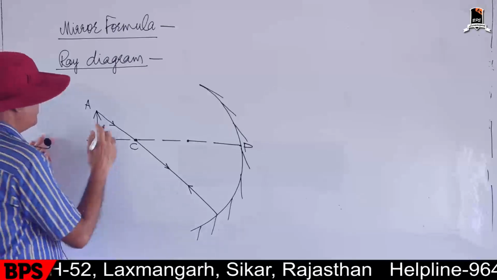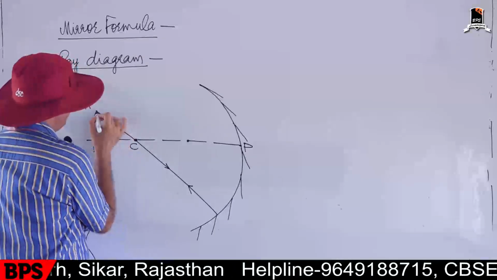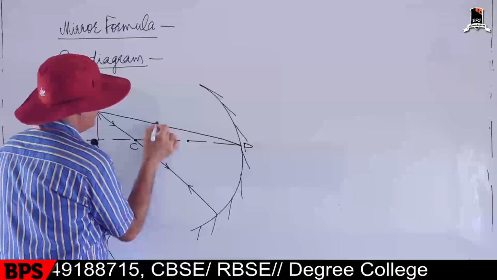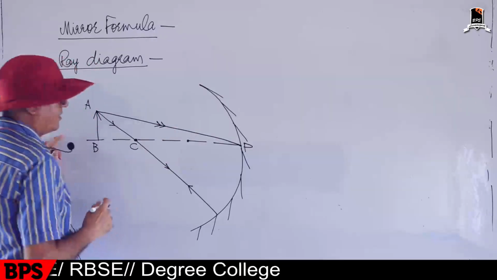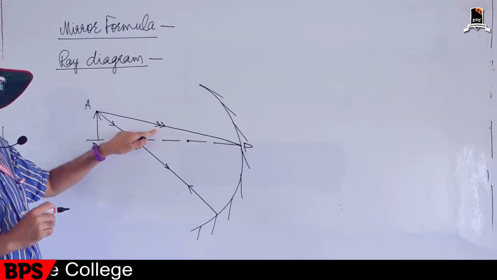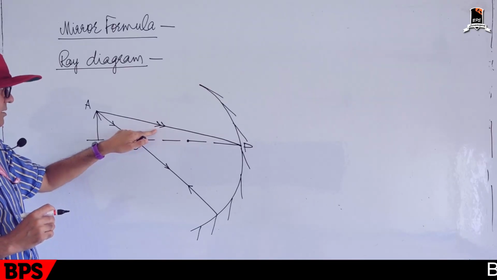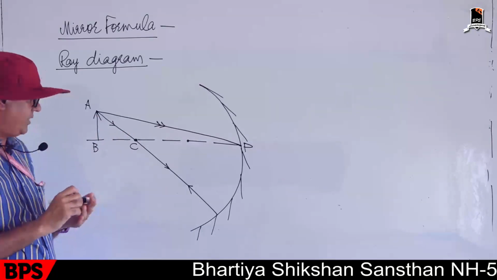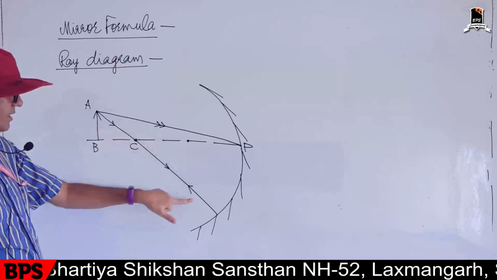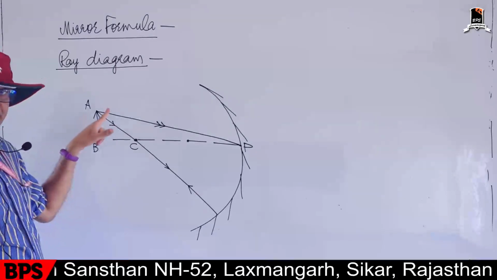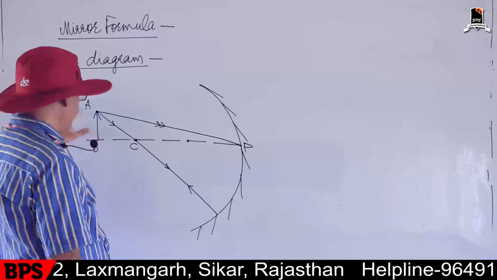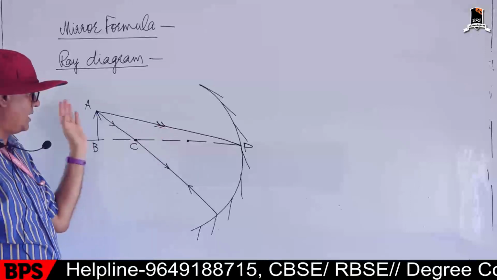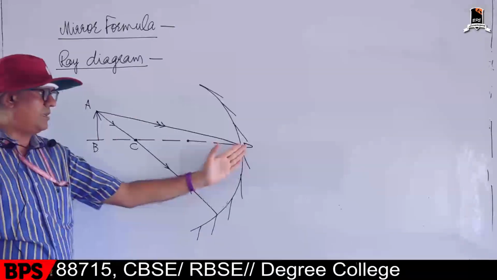Now, say some ray is directly incident on this pole point. This is the incident beam. I am assigning this beam double arrow so that you can distinguish in between these two rays. This is the first ray assigned with a single arrow returning back towards the same line, and second ray which is represented by this double arrow line AP directly incident on the pole point.